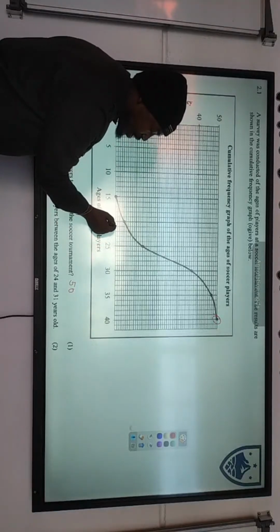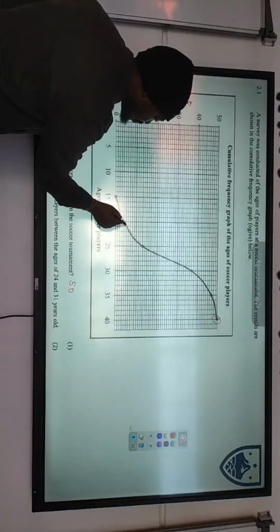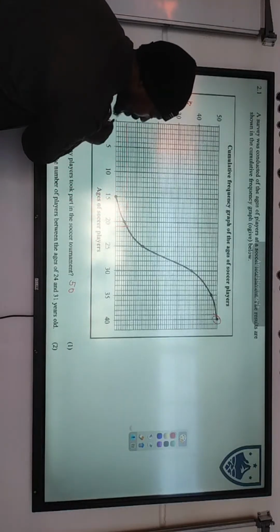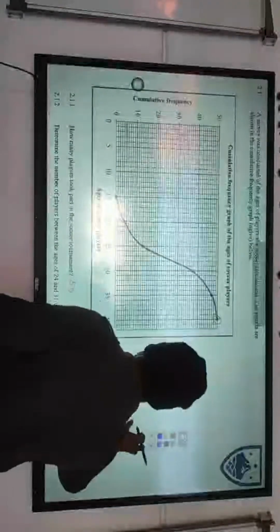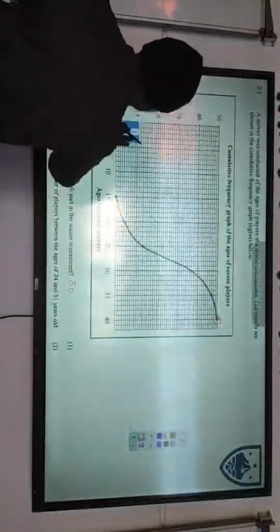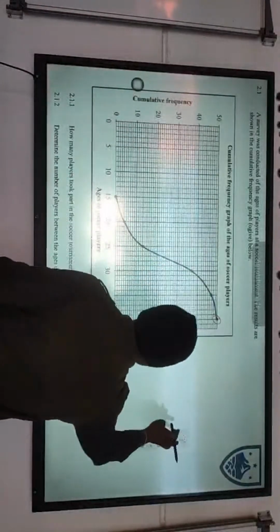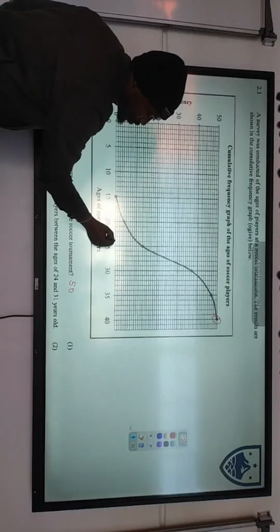Go to 24 with your ruler. I said 21, but it's 24.